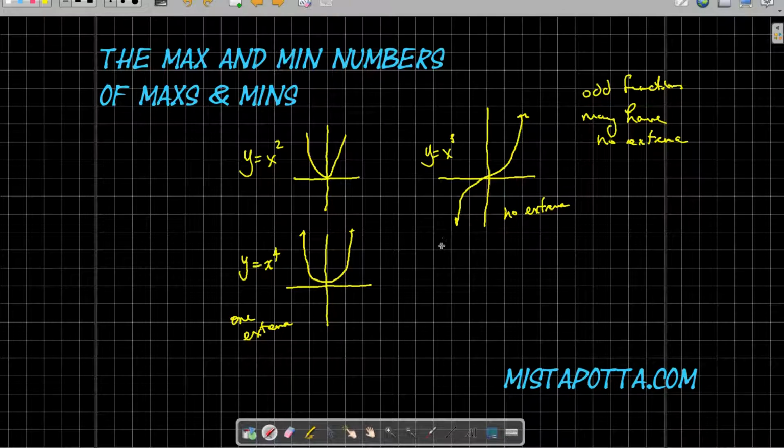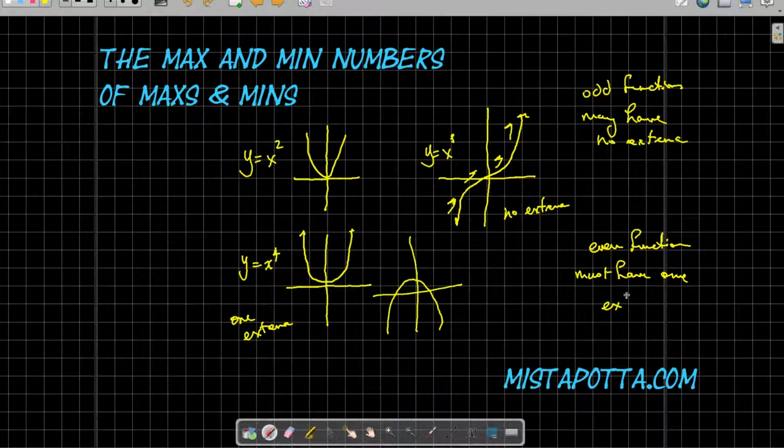The thing is I can go from negative infinity to positive infinity, so it is entirely possible that I will be increasing all the way. But an even valued function has to have some type of transition, because it's either positive to positive or negative to negative. So an even function must have one extrema.